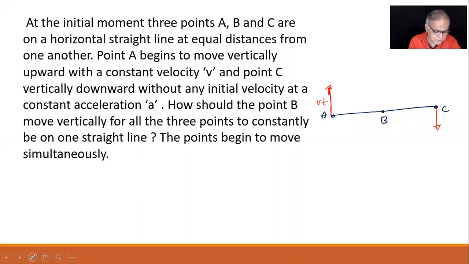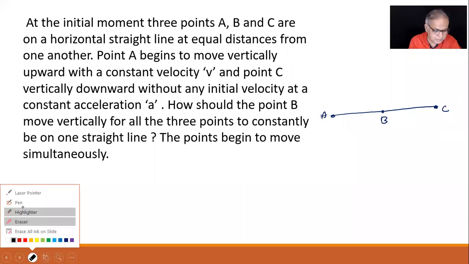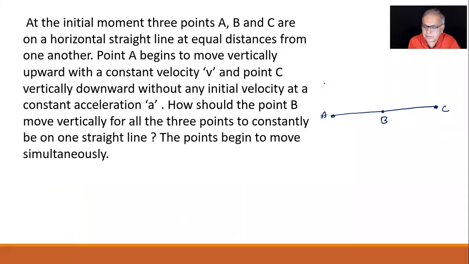So I should change the lens, of course. Just a minute. They should be on the same straight line. So just to plan it properly, if A was like that, for example, like this.